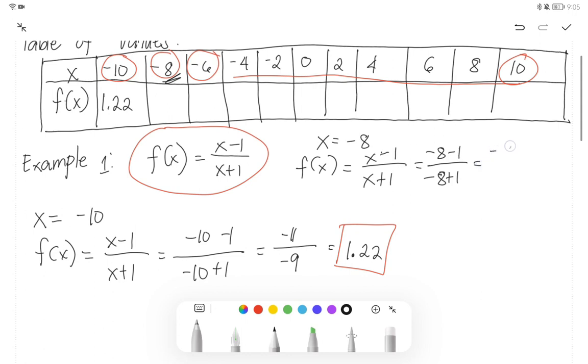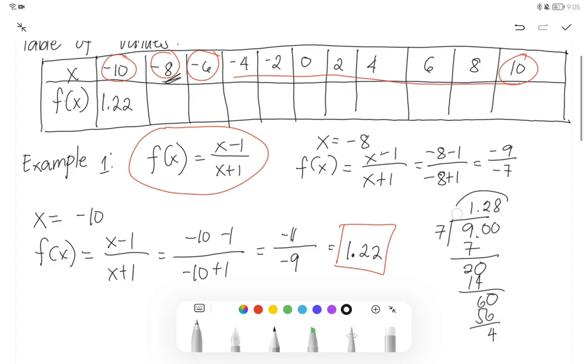This is negative 9 over negative 7. 9 divided by 7 is 1, then 2, 20, 14, 60, 56, 40. Now let's stop at 2 decimal places. So the answer is positive 1.28.